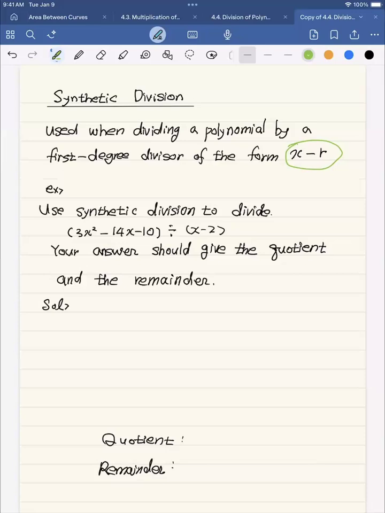As you can see here, this is a degree 1 polynomial without any coefficient on x. What you will do first is put the divisor equal to 0 and solve the equation. Then you will get x equals 2.